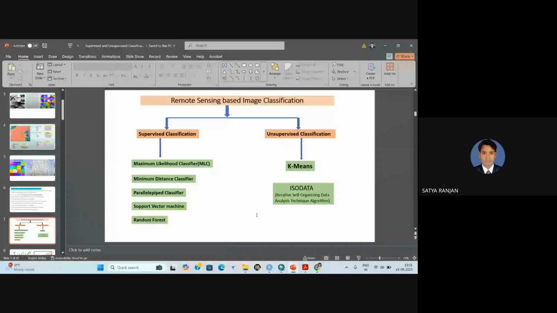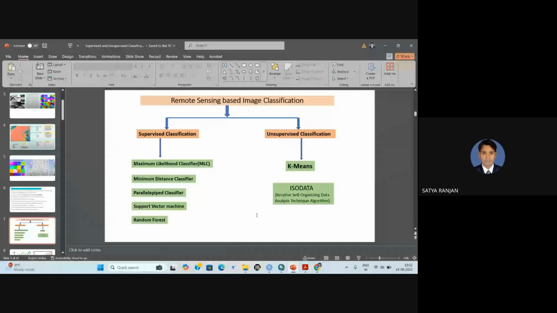Then based on the samples given to the system, it creates a total land use land cover classification of the whole district area, classified based on our sample data. Sometimes the choice of sample data by the user affects the accuracy. If he or she makes errors in collecting the samples, it gives errors in the final output of the land use land cover classes. This is supervised.